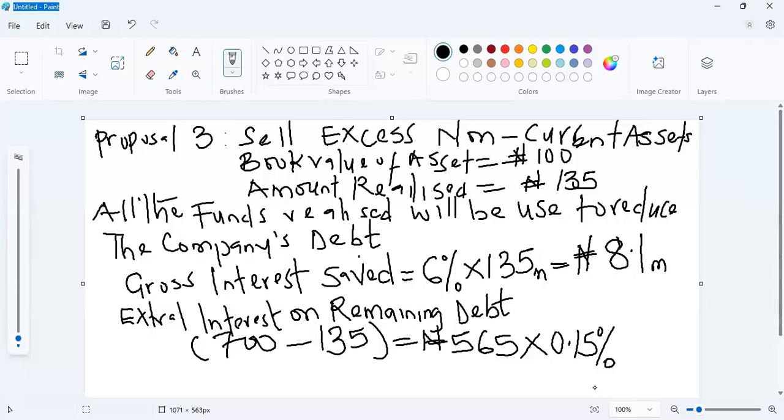0.8475. You can now add the two interest saved: 8.1 plus 0.8475. Total interest saved.